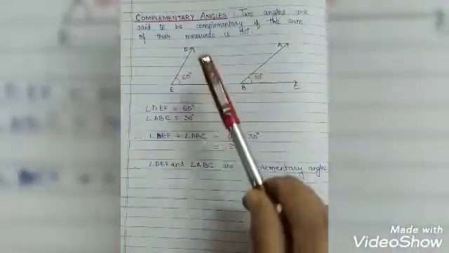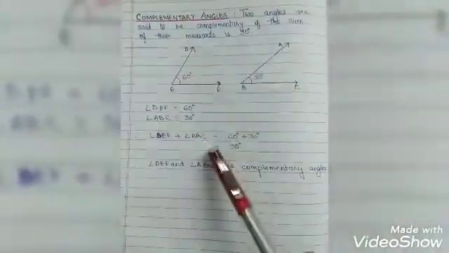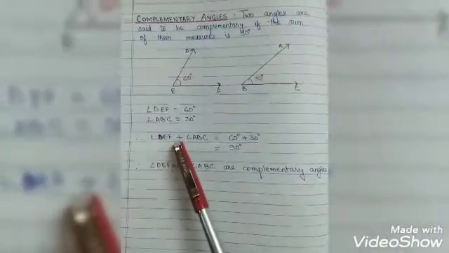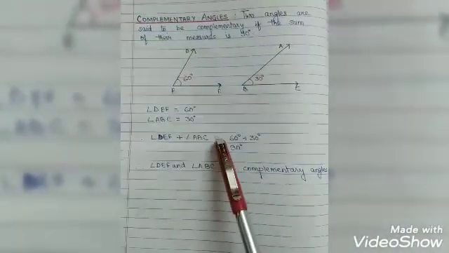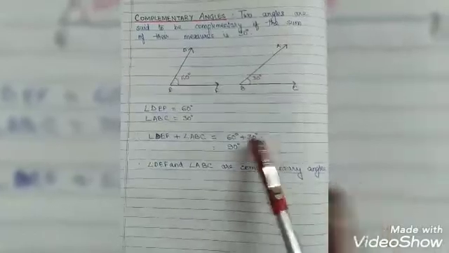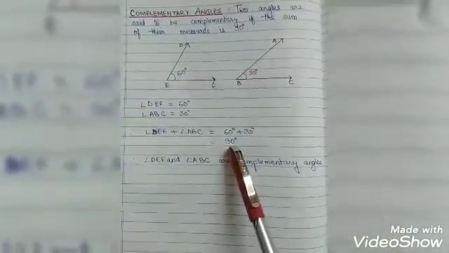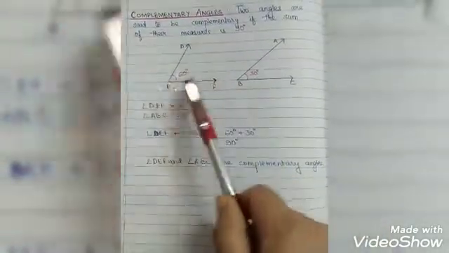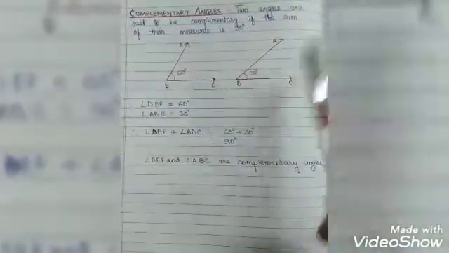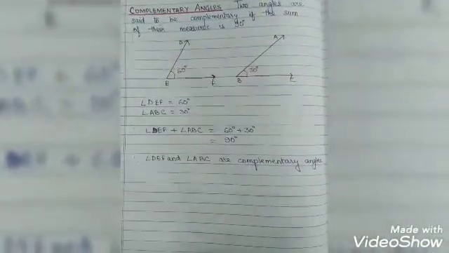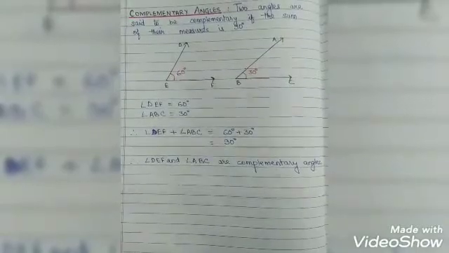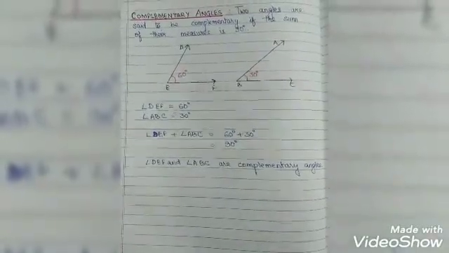So when we add these two angles, we get the answer angle DEF plus angle ABC is equal to 60 degree plus 30 degree. This is equal to 90 degree. Therefore, angle DEF and angle ABC are complementary angles, and they are called the complement of each other.